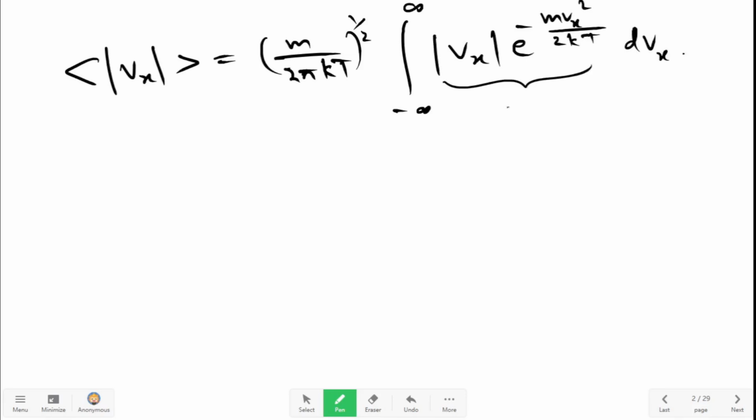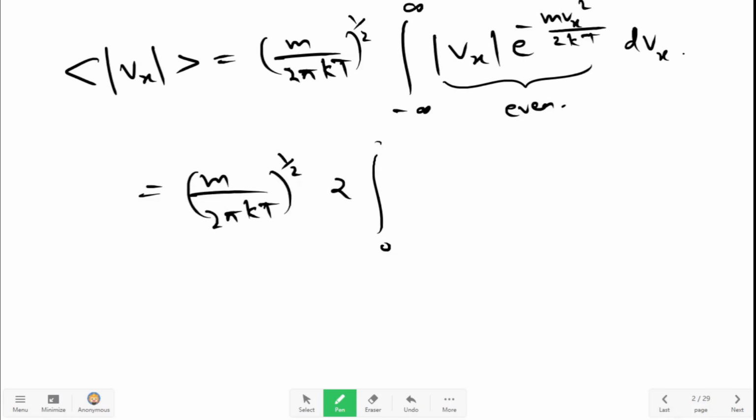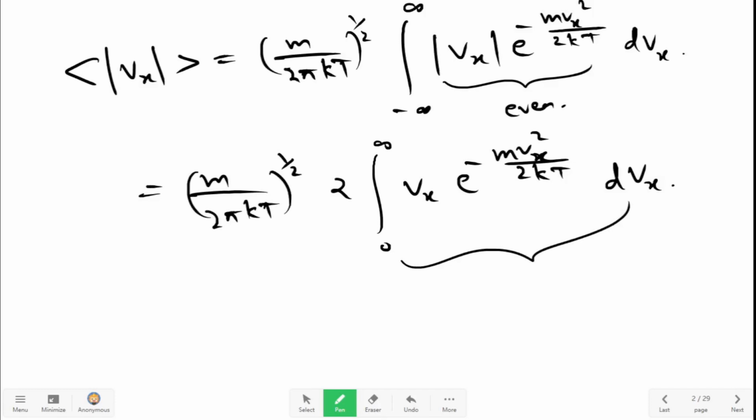Now this is an even function, therefore we can write m by 2 pi kT the whole raised to 1 by 2 times 2 integral 0 to infinity Vx e raised to minus m Vx square upon 2kT dVx. Now there is a standard formula to solve this integral, but sometimes you have to do the integration yourself.